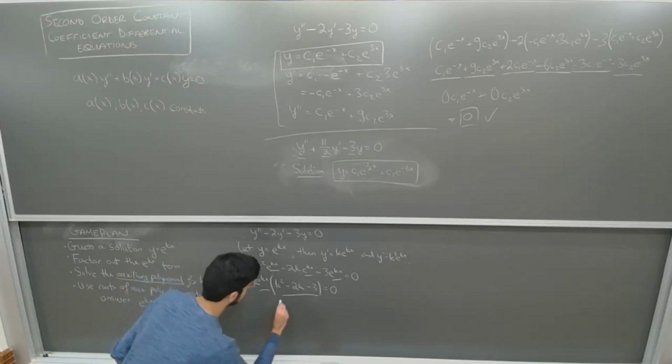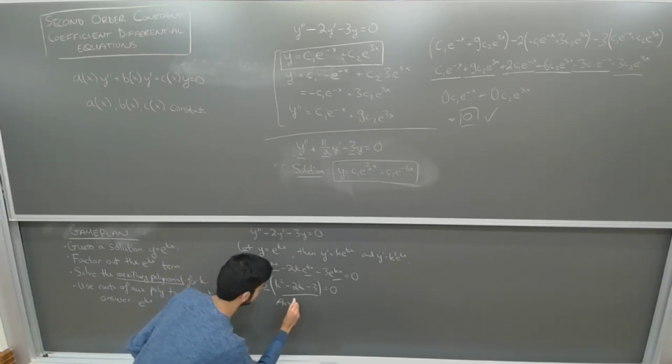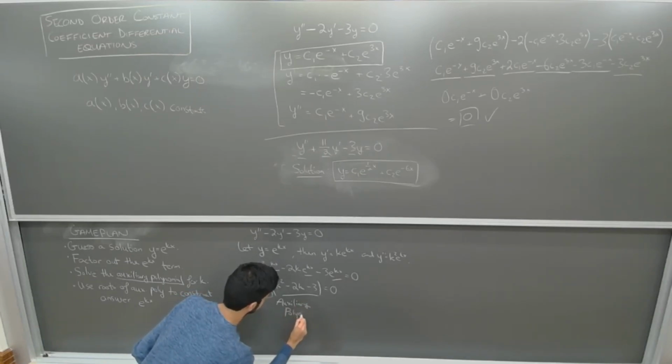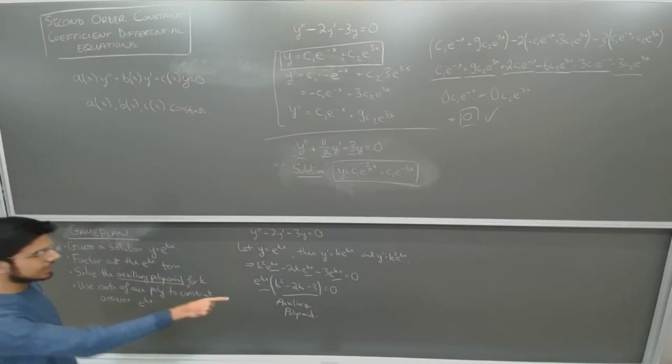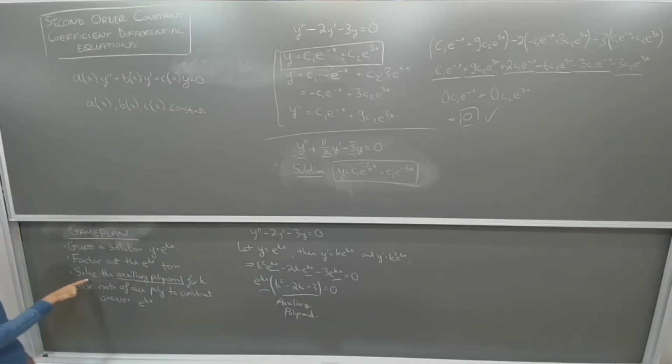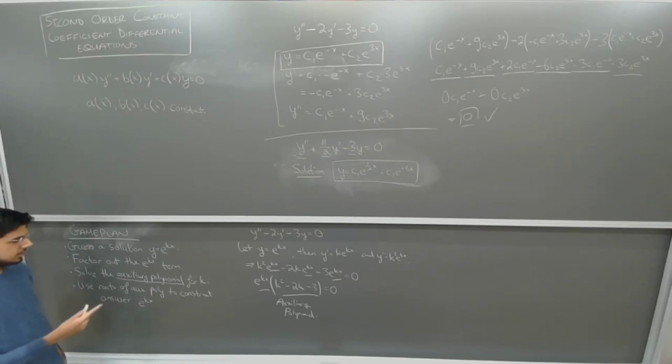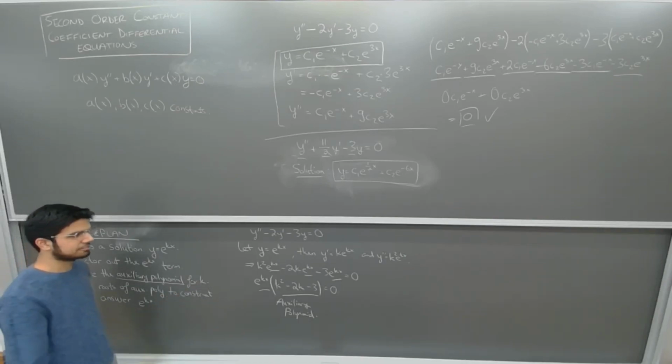And this is what we call the auxiliary polynomial. And since that's equal to 0, it makes sense why our third step is to solve the auxiliary polynomial for k. I'm just now realizing that this looks like the word fork.